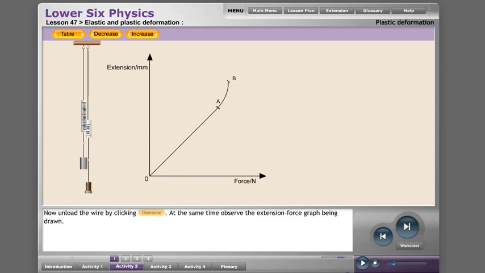Now, unload the wire by clicking decrease. At the same time, observe the extension force graph being drawn. Does the wire regain its original length?